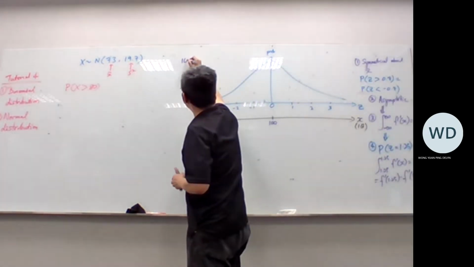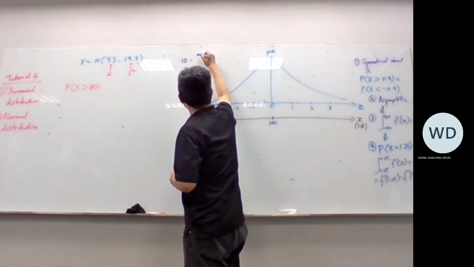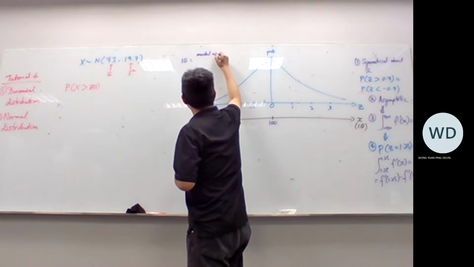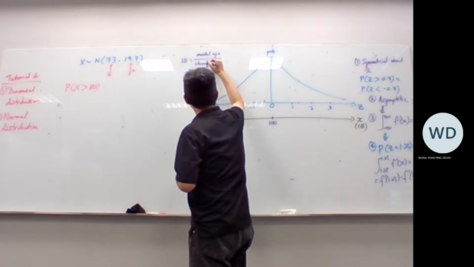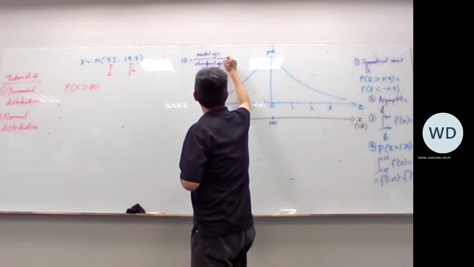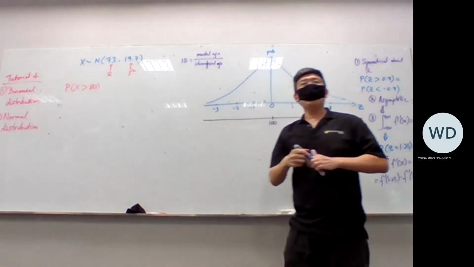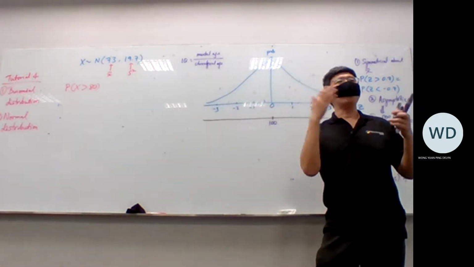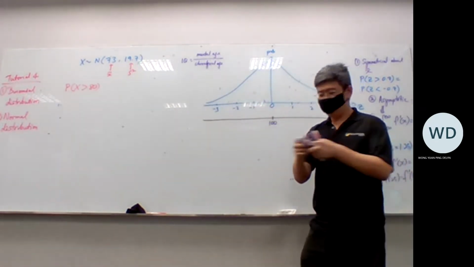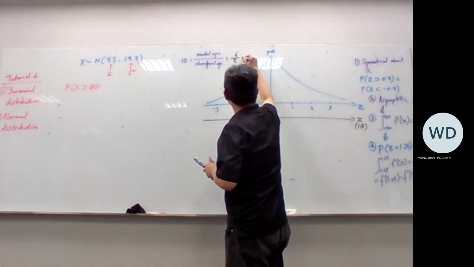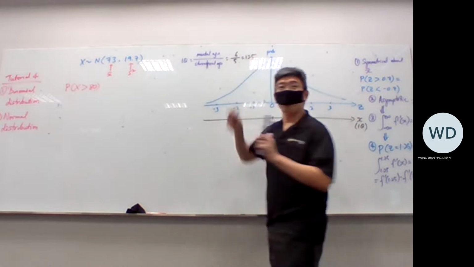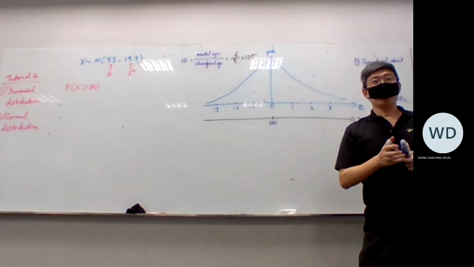IQ is basically your mental age divided by your chronological age. So if you are 5 years old and you have the mental ability of a 6 year old, your IQ is 125. That's basically what it means.